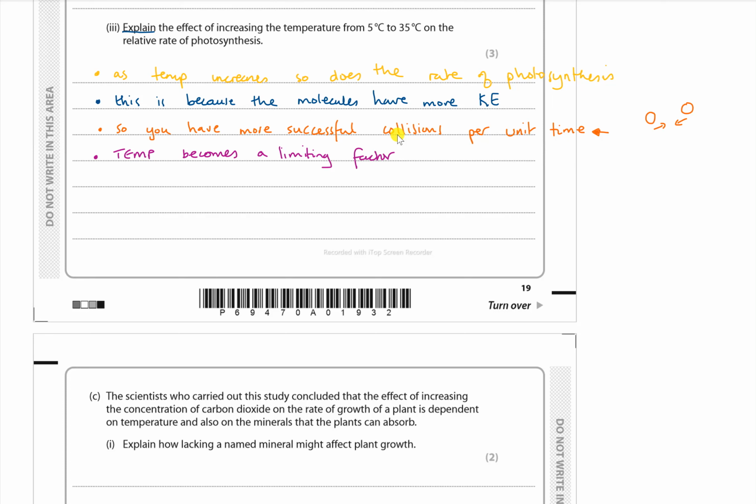What they're trying to say, and this is what you need to know, is if you add more CO2, it will be wasted. They're not going to take advantage of that.